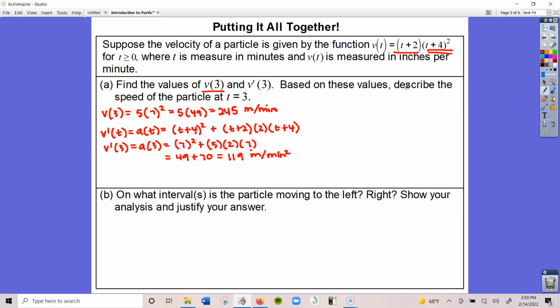So now where it says here to describe the speed, what that means is speed increasing or decreasing. So what you have to do is compare the signs of v of 3 and a of 3.